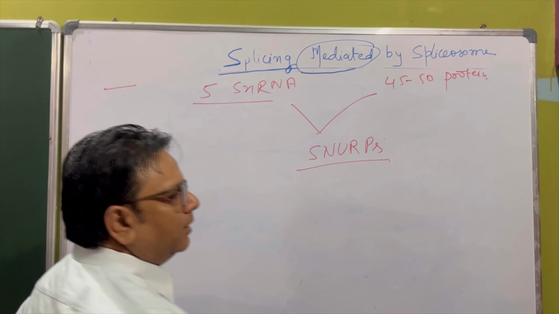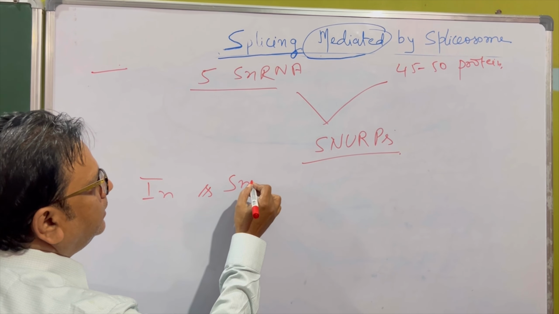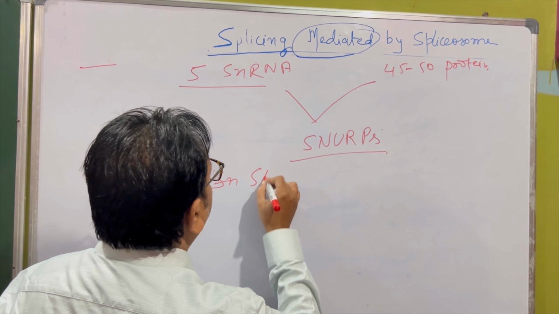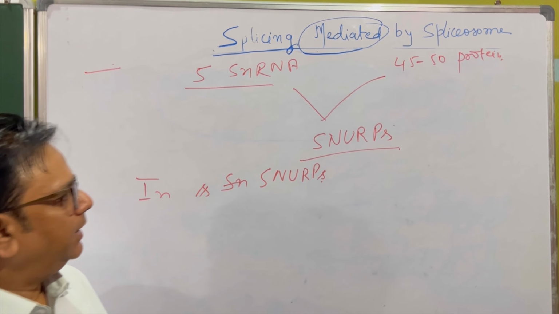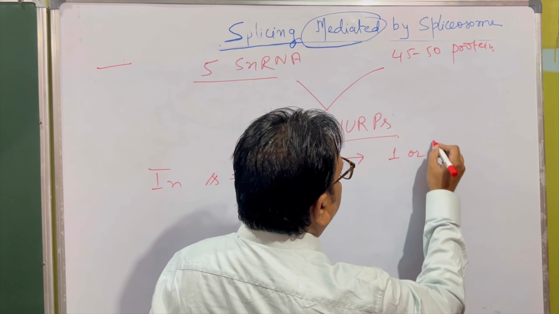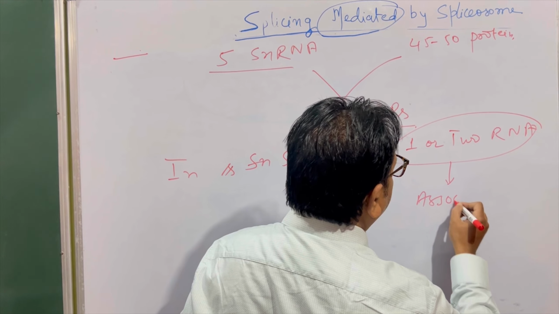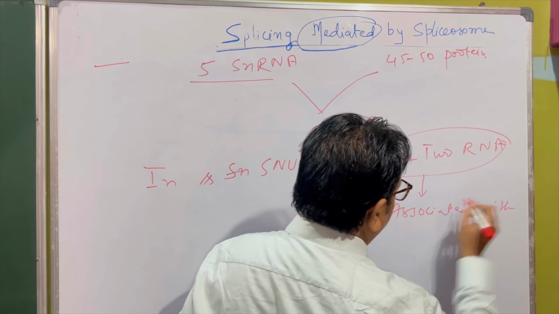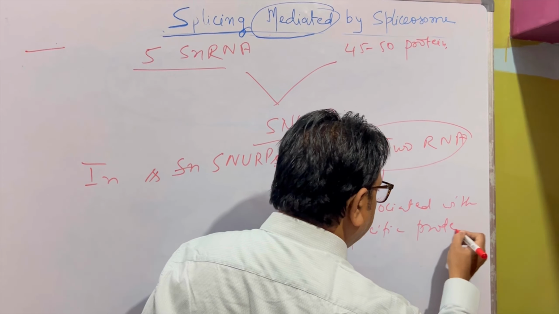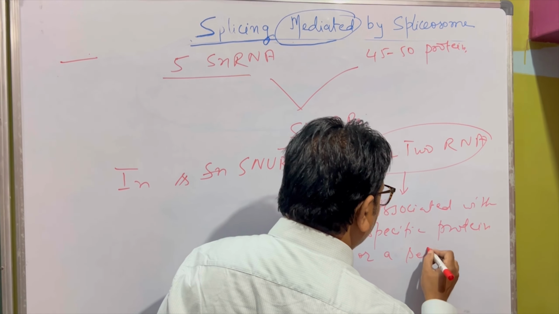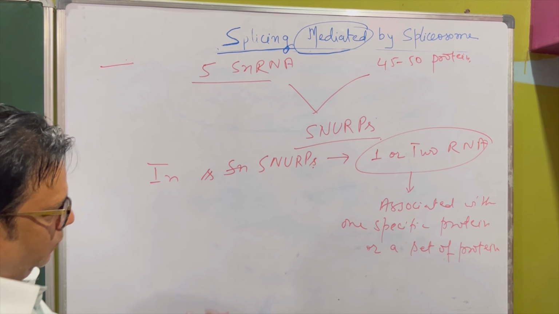So in SNRPs, you have one or two RNA, and these are associated with a number of proteins, maybe with one specific protein or a set of proteins.